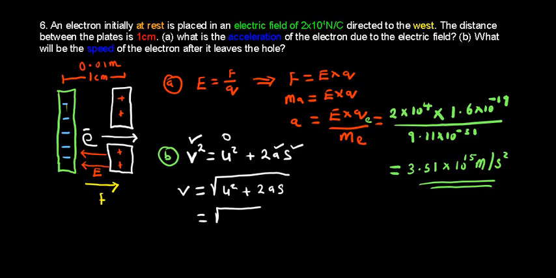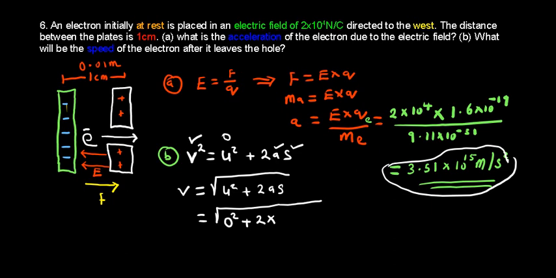Then plus 2 multiplied by our acceleration, which is 3.51 times 10 raised to power 15, then multiplied by our distance, which is 0.01 meter.